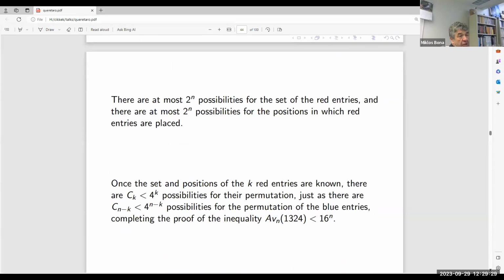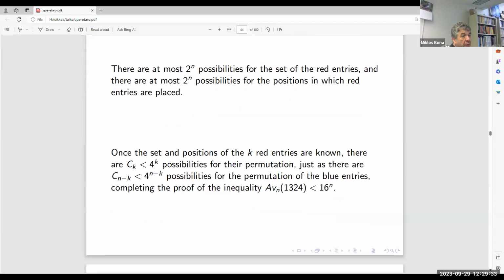Not in the exponential order sense. You can do quite a violence to a number without changing its exponential order. So if instead of 16 to the n, you have 16 to the n over n to the 100, that doesn't help. We want an exponential improvement. So we have to refine our coloring, and this is what I did.